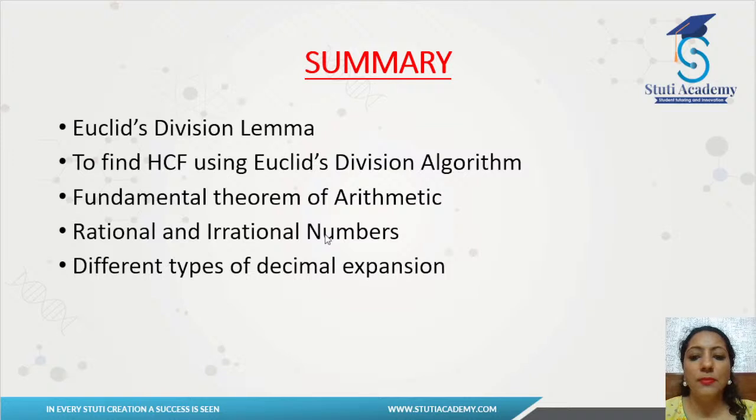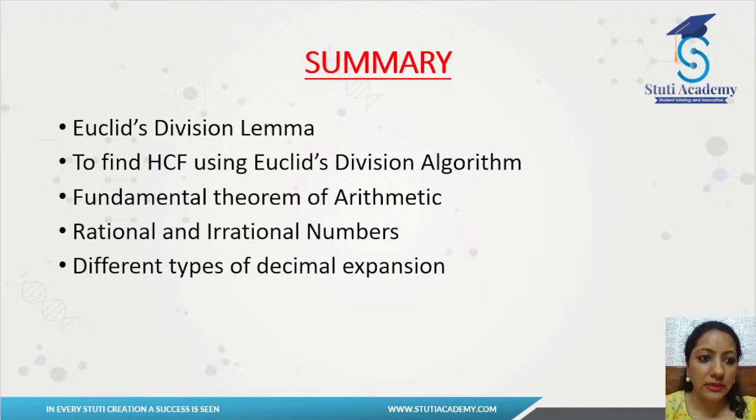Rational and irrational numbers also we have studied in detail. Rational numbers are those numbers which can be written in p by q form. Irrational numbers are those numbers which cannot be written in p by q form. Also today we have studied in detail that the square root of all the prime numbers are irrational numbers. We have also studied different types of decimal expansion using this flowchart.